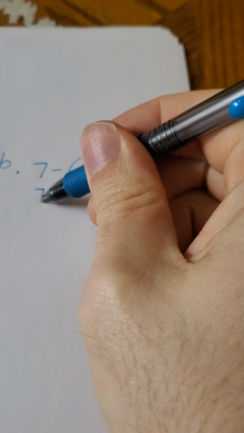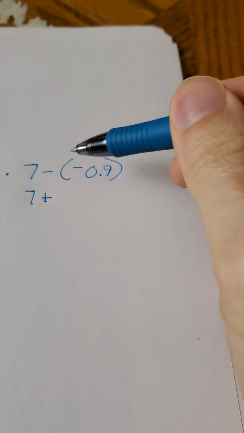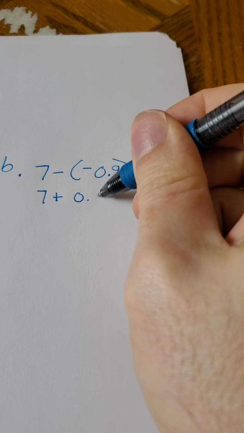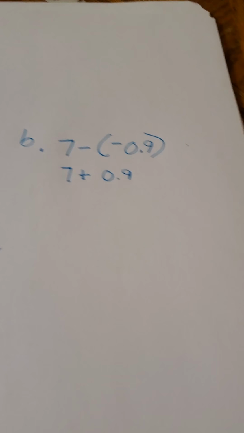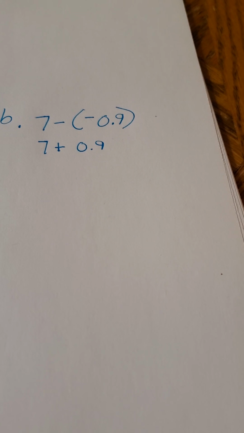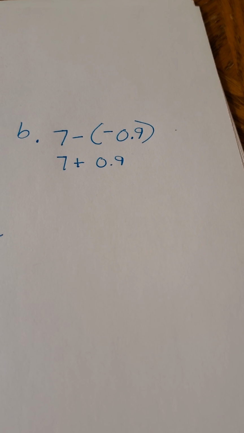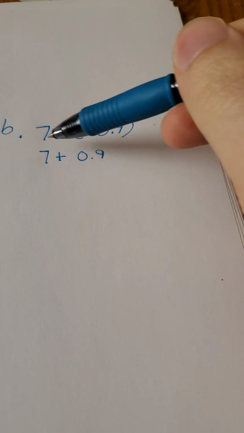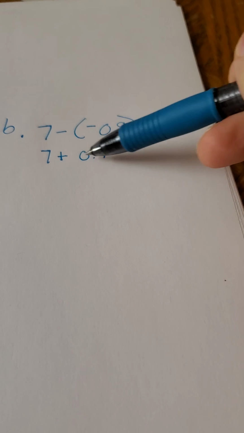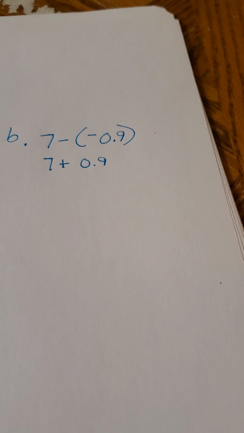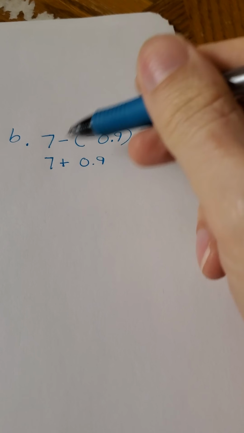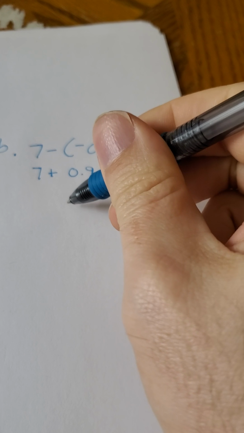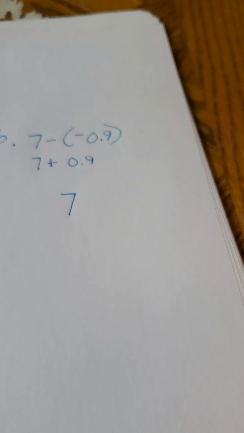So we have 7 plus, and this is already negative, so we're going to make it into a positive 0.9 or 9/10. All right, so for this one, what you have to make sure of when we're adding numbers like this, like 7, is that the decimals are lined up when you do the addition. So once again, we're going to work this out vertically going up and down. So where is the decimal in the number 7?